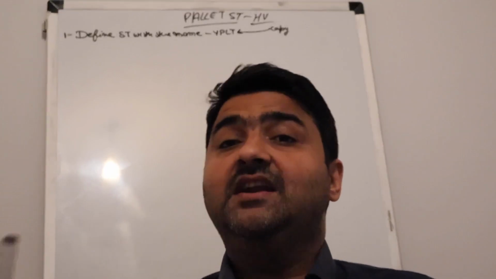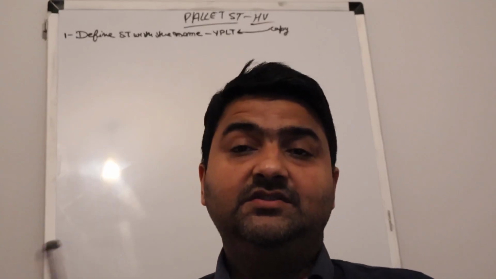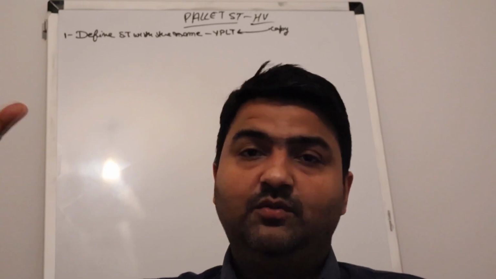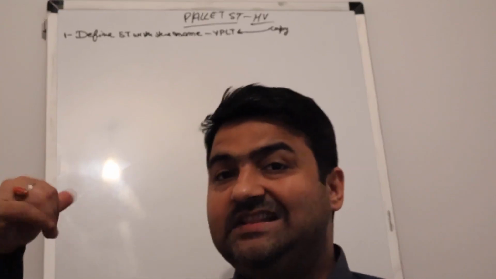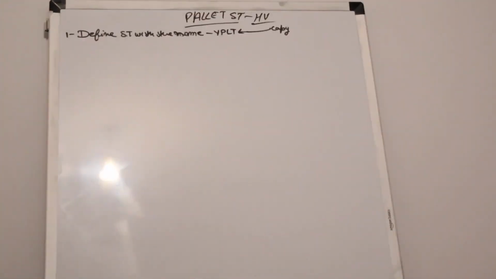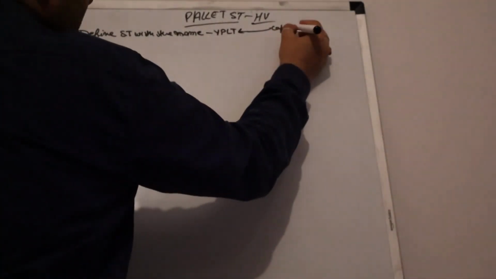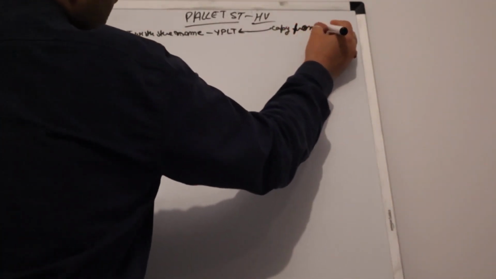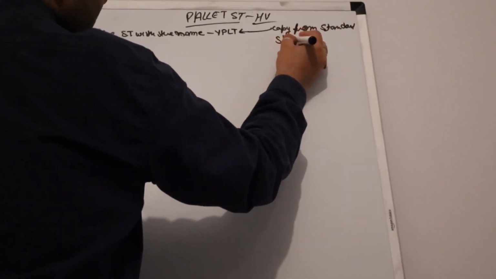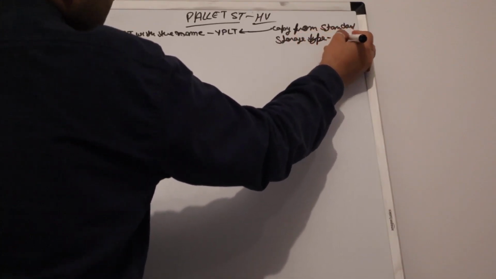Always remember, for the pallet storage type we must copy from the standard storage type 0070. When we copy from 0070, SAP EWM brings all the properties into our customizing, and we can do the customization. So the first step is to define the storage type YPLT, copied from standard storage type 0070.